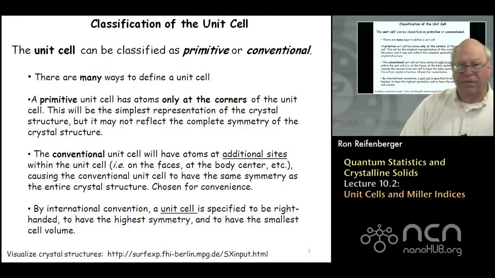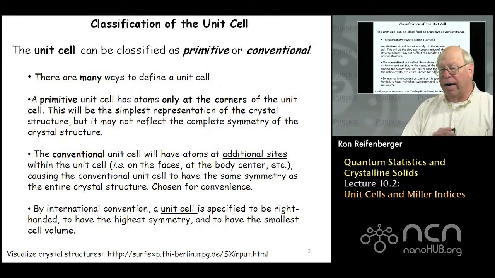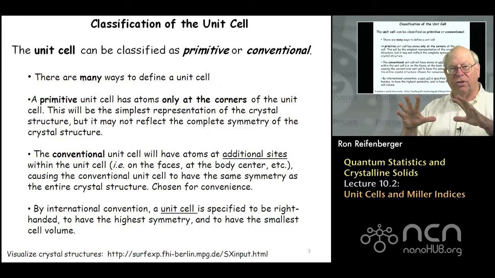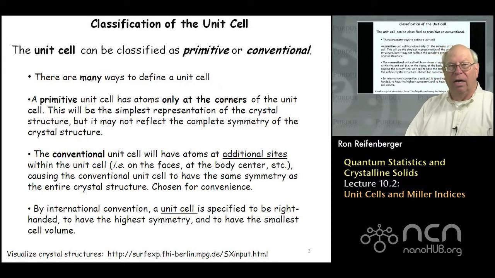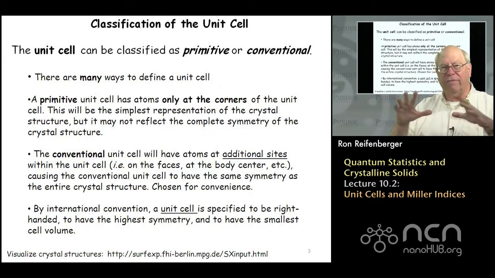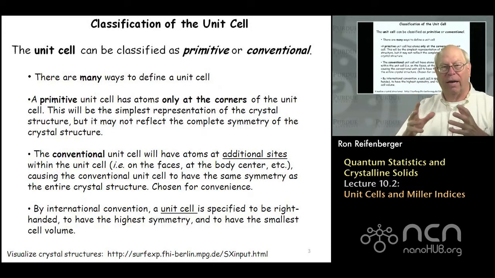There are two classifications of the unit cell that I have to mention briefly. The unit cell is either called a primitive unit cell or a conventional unit cell. The point I like to make is that the definition of the unit cell is somewhat arbitrary. Different scientists in different regions and different labs could define a unit cell for the same crystalline material in different ways.